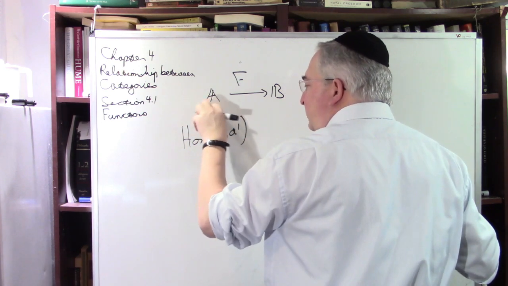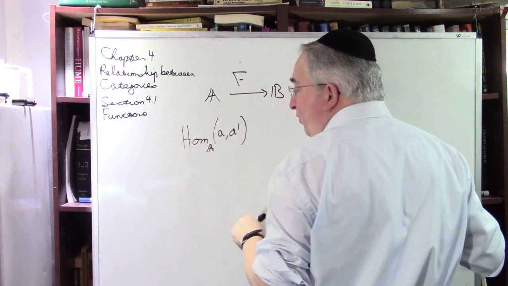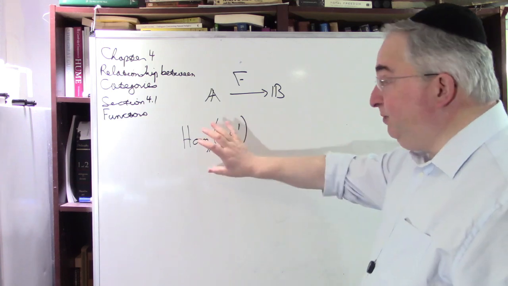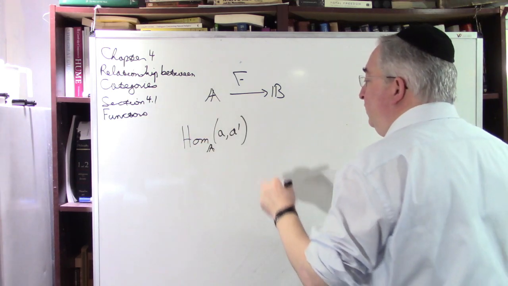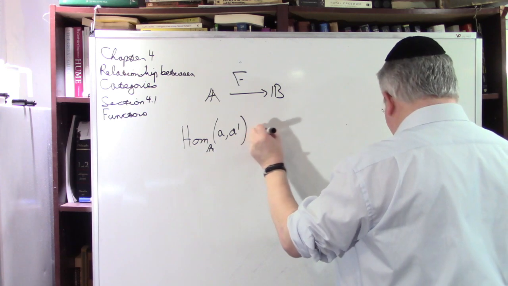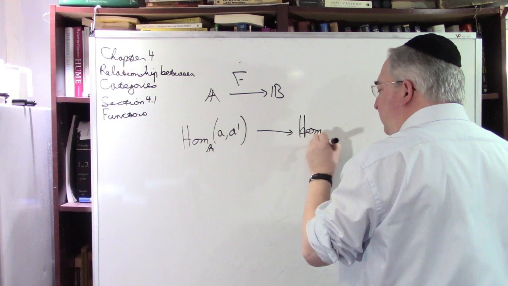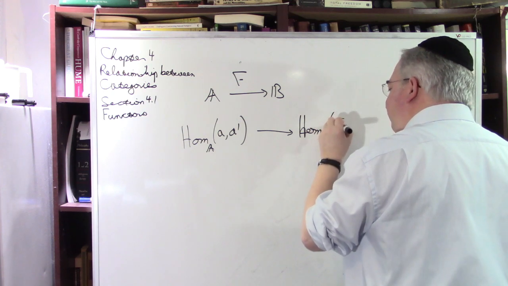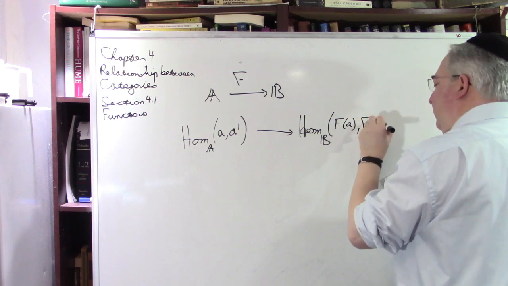That's typical: take two objects here, A and A prime, and you're going to have a collection of homomorphisms. These could be a set, it could be a class, I don't care, it could be a collection. And what we're going to get is a morphism Hom of B from F of A to F of A prime.